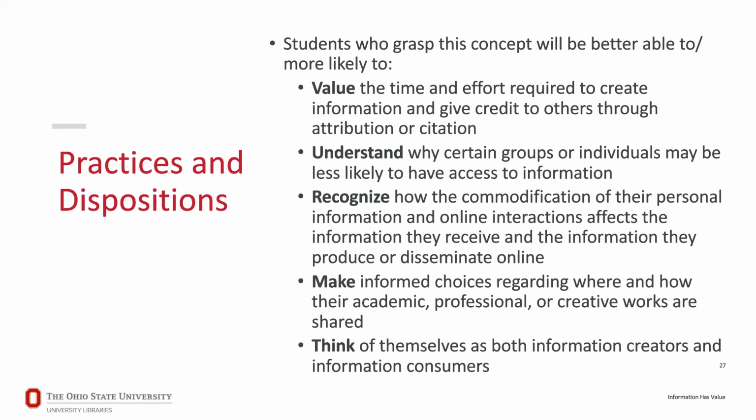Thinking about a student who is going into certain fields and is going to be having clients, needing to recognize that their clients may not have access to the same information that they do and what that might mean for them. Understanding the commodification of their own information and thinking critically about what they are willing to share.